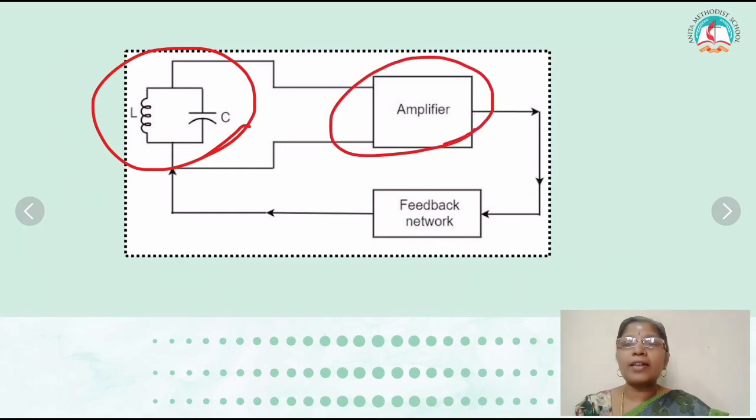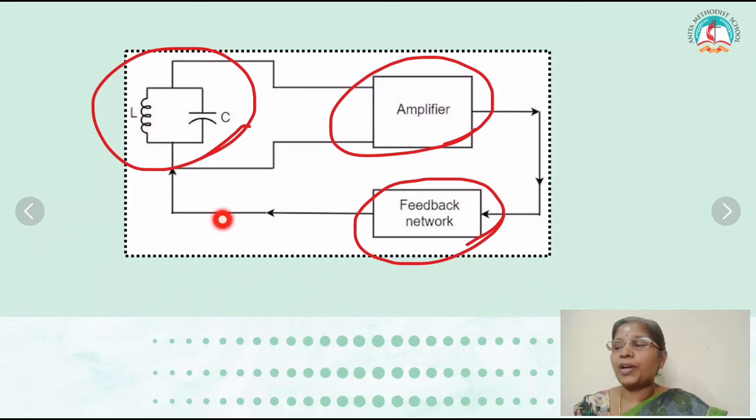The next component is amplifier, and the third one is feedback network. What is meant by feedback network? A fraction of the output is fed into the input side. Sometimes the amplification is not enough, so a fraction of the output is fed into the input side, that is called feedback. Two types of feedback are there: positive feedback and negative feedback.